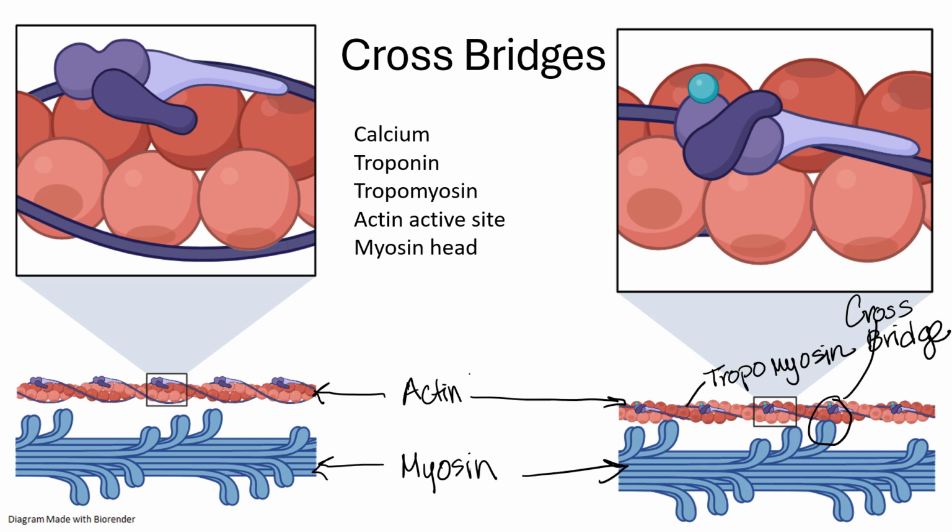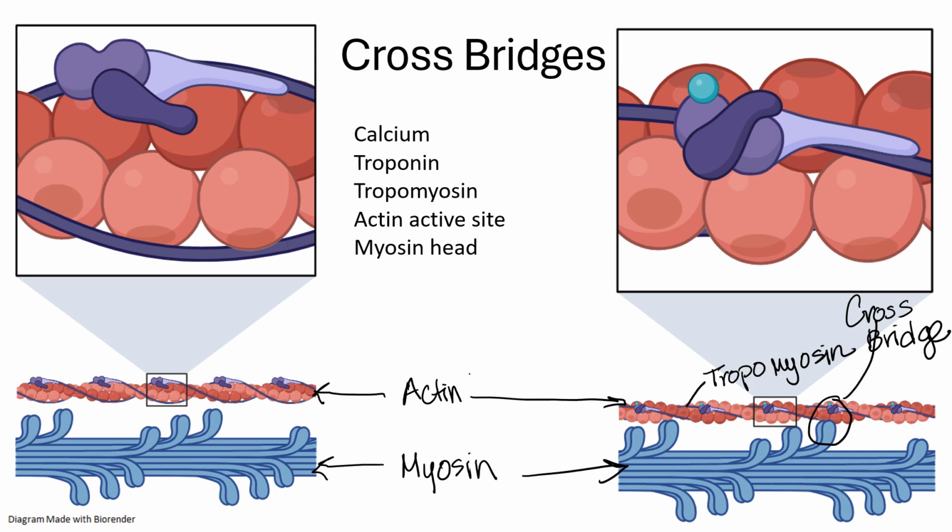There is one more protein called troponin. This is the three-part structure that you can see more clearly in the top pictures. On the left picture, troponin is holding tropomyosin in place and covering the actin active sites.